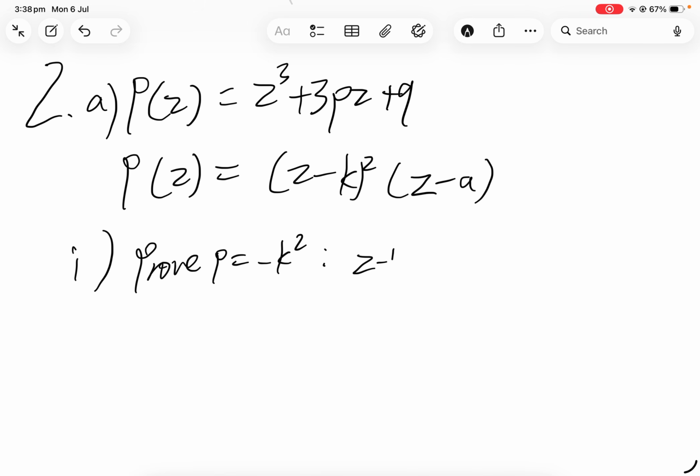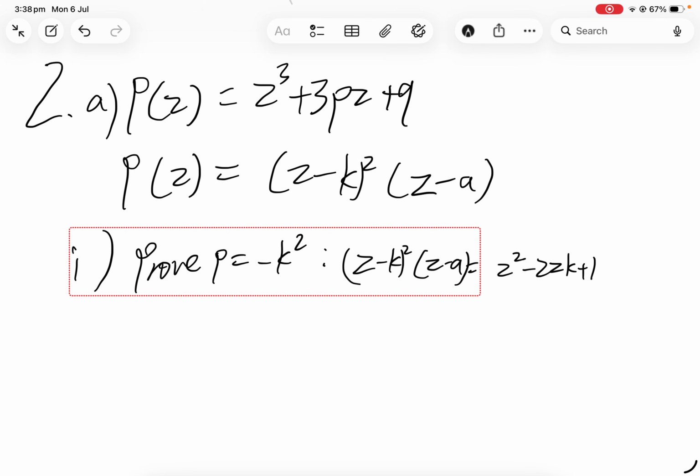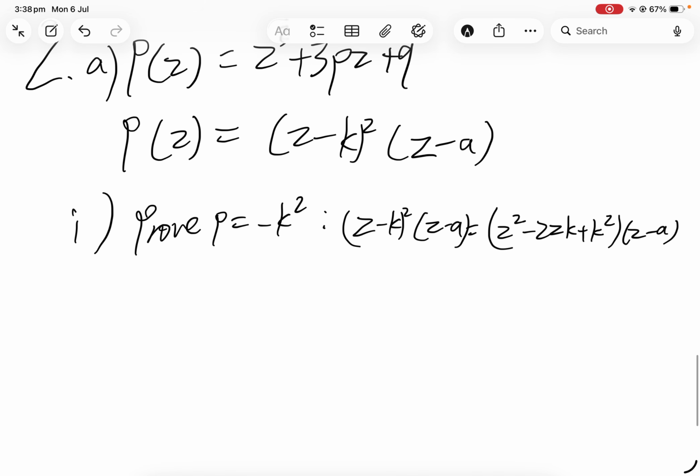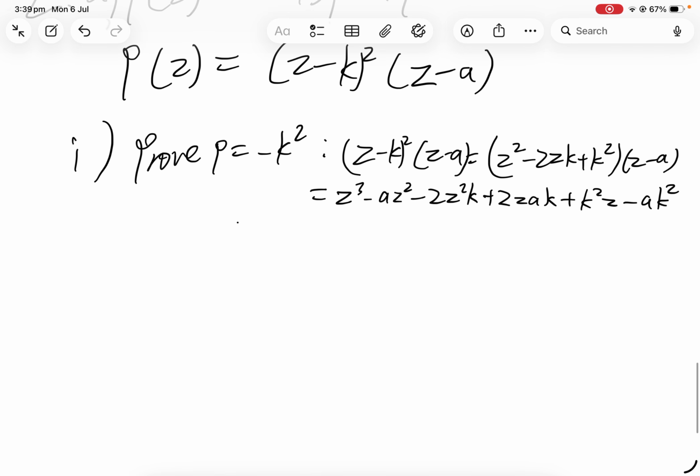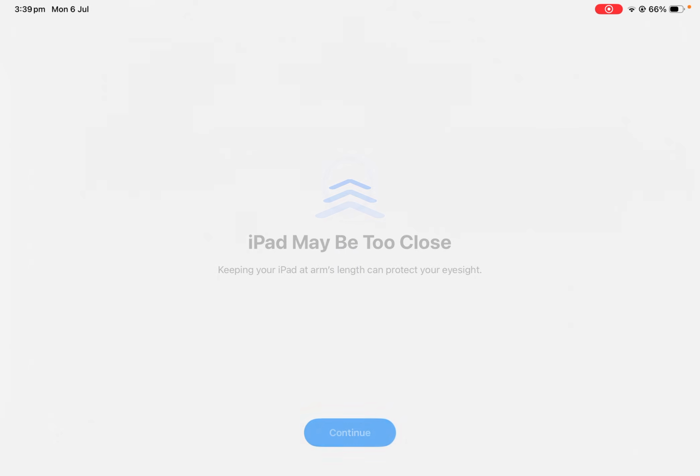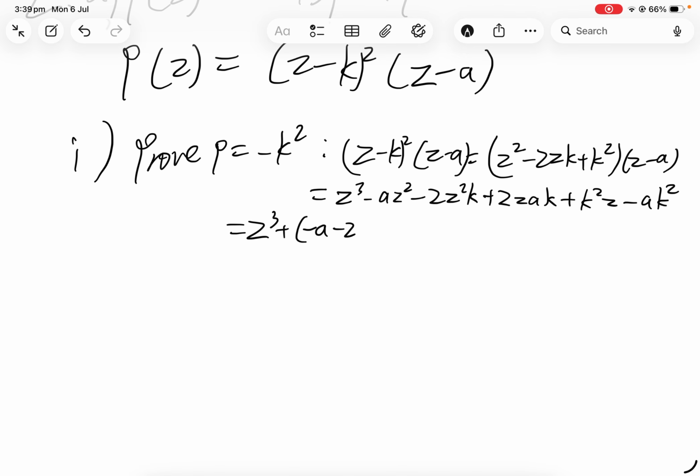So (z − k)²(z − a) equals (z² − 2zk + k²)(z − a), and then we continue: z³ − az² − 2z²k + 2zak + k²z − ak², and that just equals z³ + (−a − 2k)z² + (2ak + k²)z − ak².